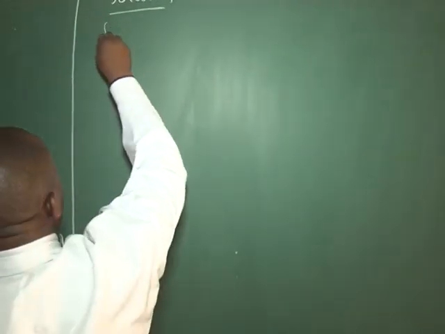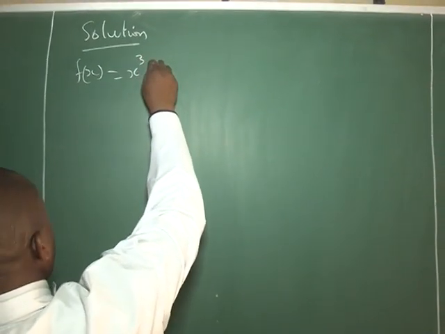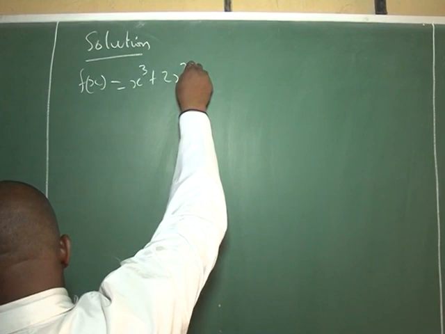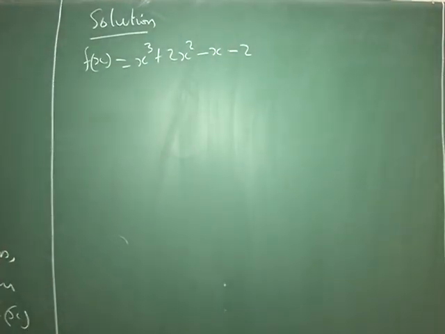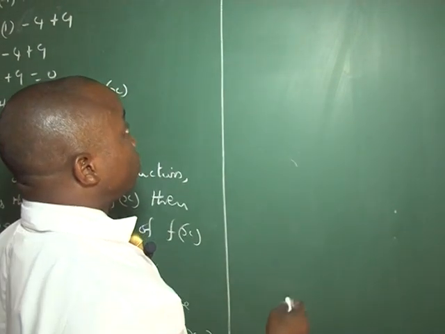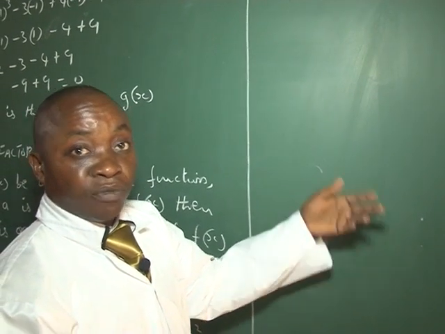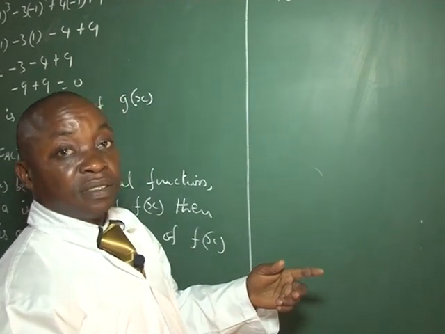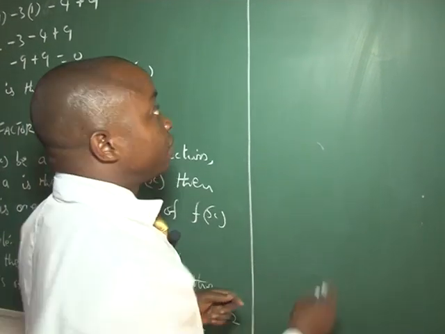We have that f of x equals x cubed plus 2x squared minus x minus 2. Now, we are going to find the zero of this polynomial, so that if we have the zero, then we will know that we have a factor also, using the factor theorem.